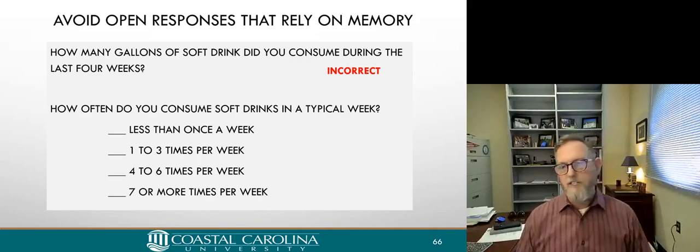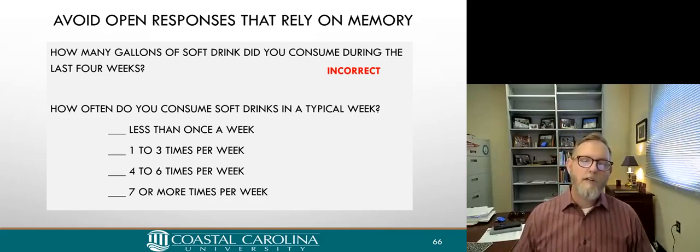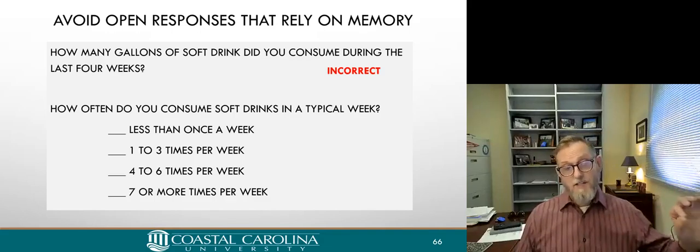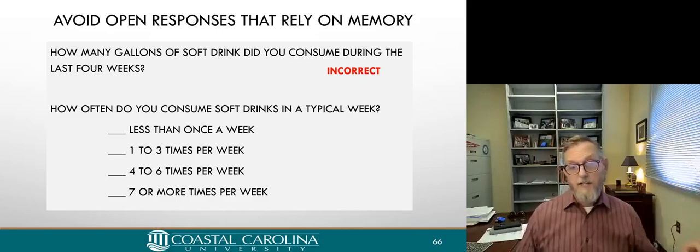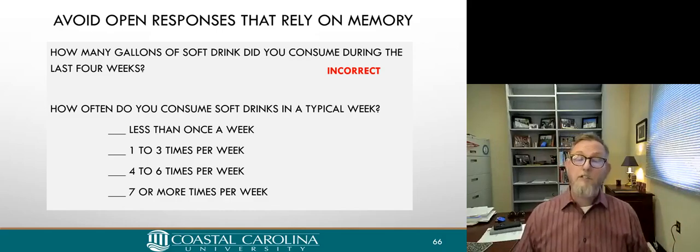We can judge this in a range. It just makes the question easier, and it'll actually give you a lot more accurate data. Now, the data won't be as specific in terms of numbers of gallons, but it'll be probably closer to reality in terms of the data that you get and what people respond to.